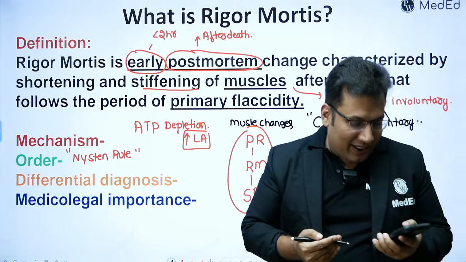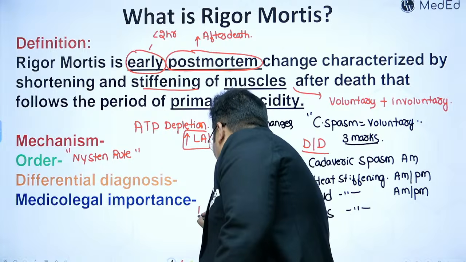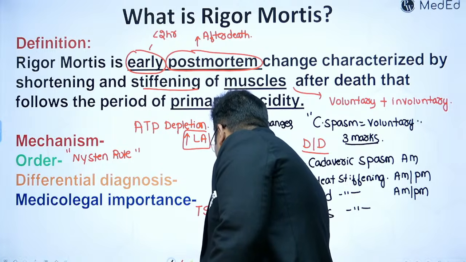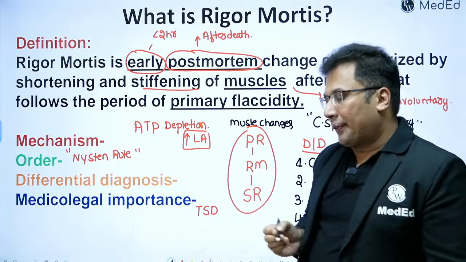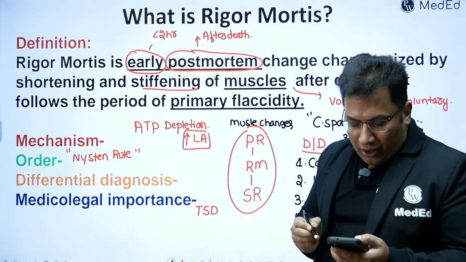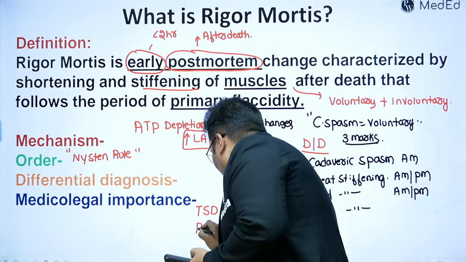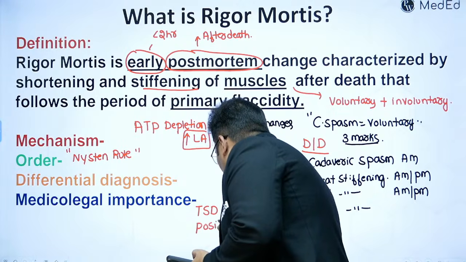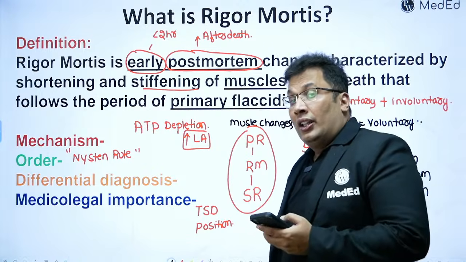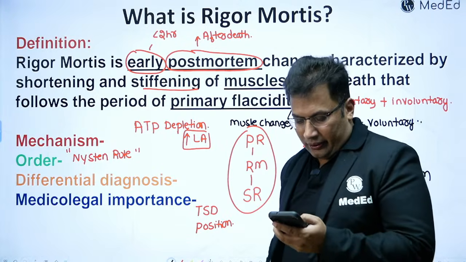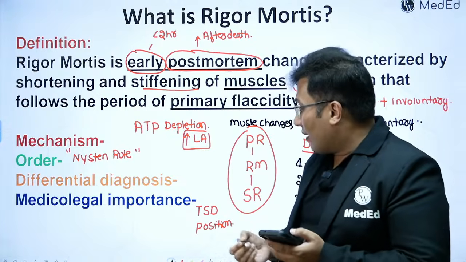One is time since death. Very good. So it helps in estimation of time since death, with the help of the rule of 12. Then posture: it can tell you about the position of the dead body. Good. Rigor mortis can be delayed in some poisons, that's also a good answer.